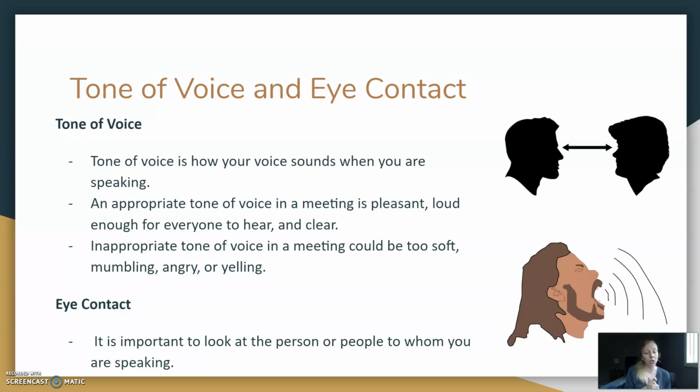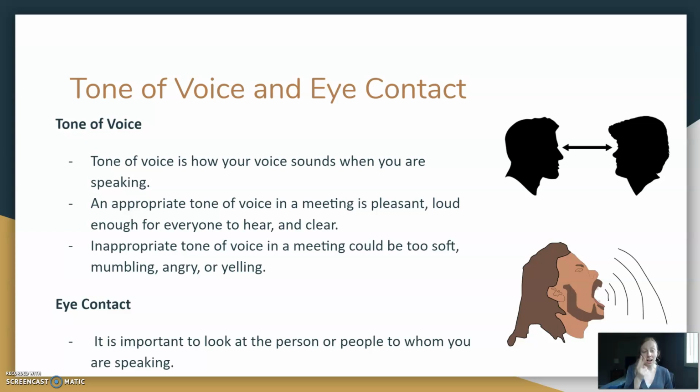An inappropriate tone of voice in a meeting could be too soft, could be mumbling, it could be angry, or it could be yelling. So if I started talking like this, that is not an appropriate tone of voice. People might not be able to hear. Or if I was yelling like this, that would be a very uncomfortable meeting to sit in. So it is very important that you have a nice, pleasant, and clear tone of voice when you are stating your purpose and talking in your meeting.